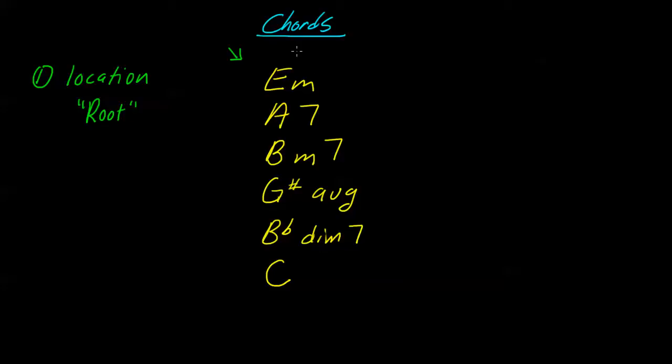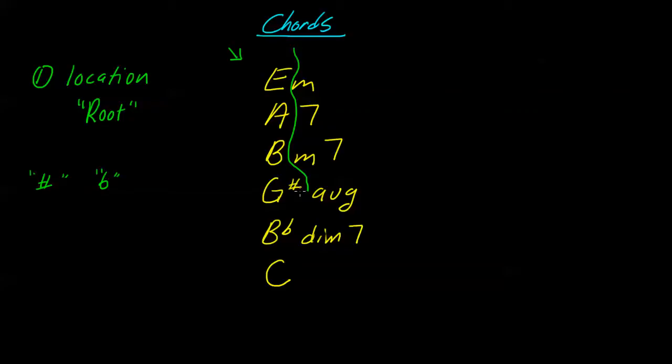So I'm going to draw a line down to separate the location from the other stuff. This is kind of tricky here. Whenever you see one of these sharp or flat symbols immediately after the first letter, it represents a location.